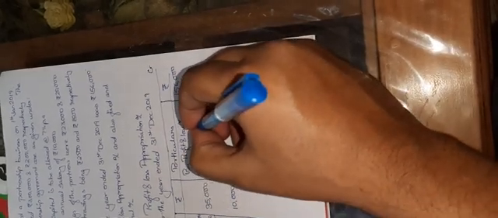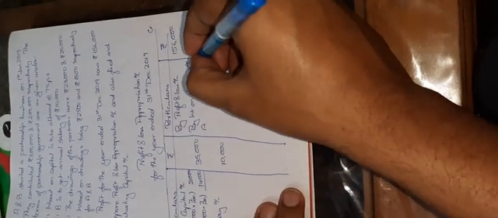Then B is going to get a salary, to salary account. Who is going to get it? B, that is rupees 10,000. Then interest on drawing is being paid by the partners. So by interest on drawing account, A paid rupees 2,500 and B paid rupees 1,500.